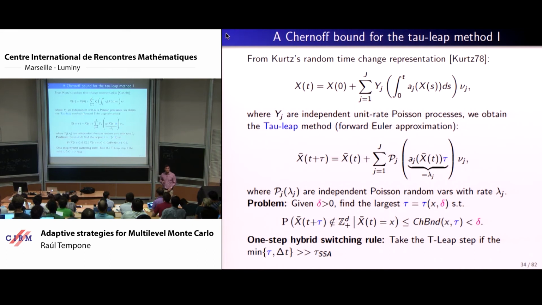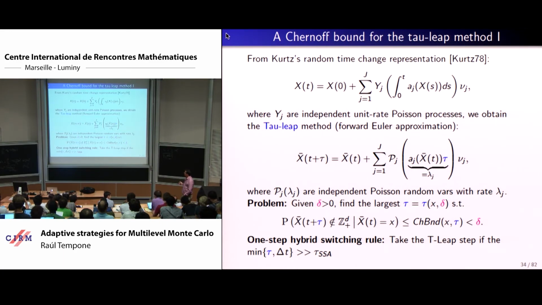Is that clear? So it's just bookkeeping, you see? And if this a would not depend on X, this would be trivial to simulate, right? You would just change accordingly the time in a unitary Poisson process and know exactly when the jumps are going to occur in your system, and that's it.